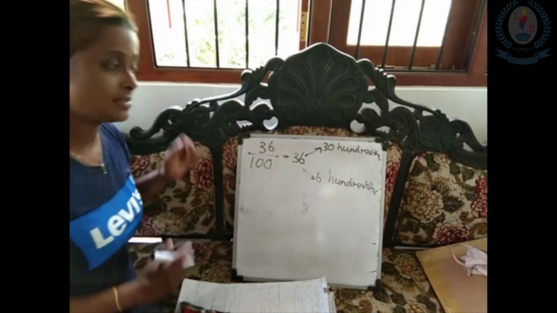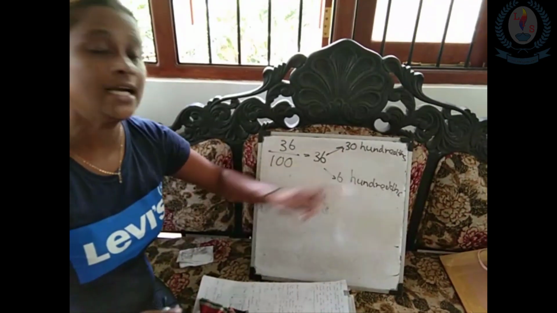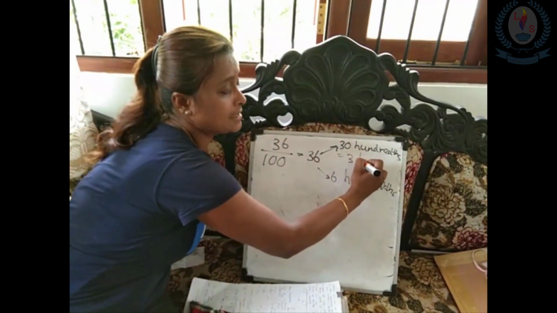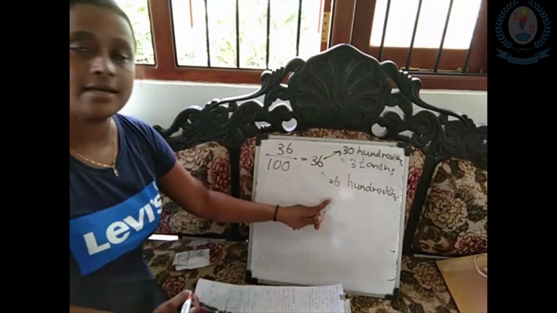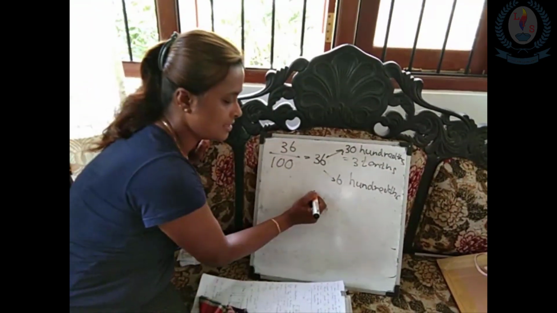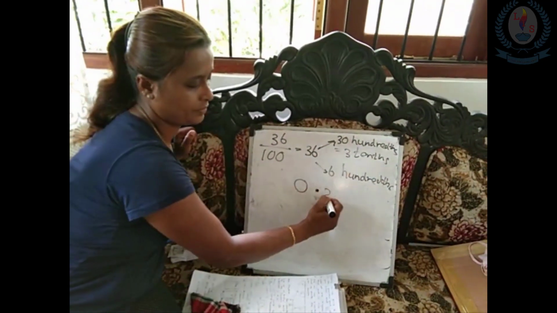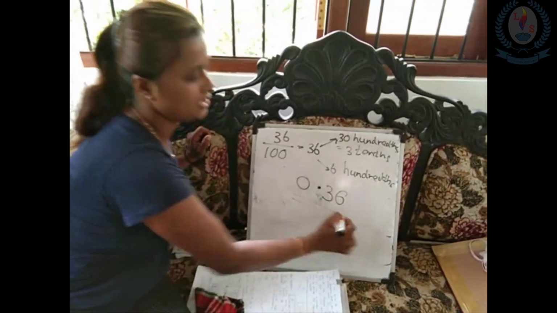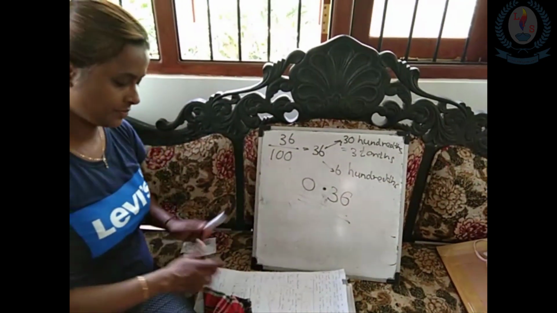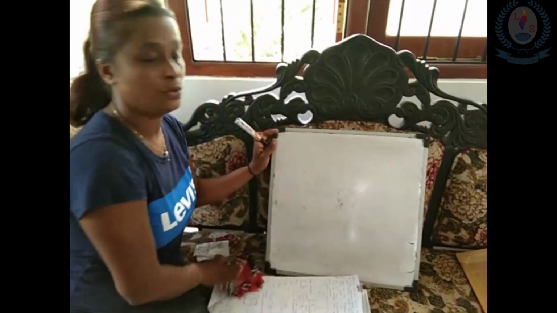We know 10 hundredths make 1 tenth. So 30 hundredths means 3 tenths. 3 tenths, 6 hundredths. It means tenths place 3, hundredths place 6: 0.36.